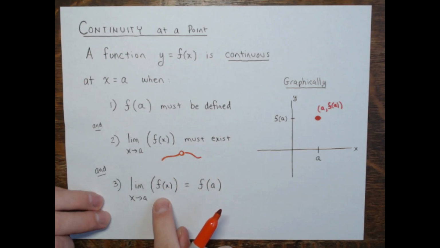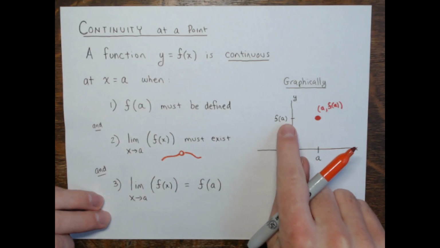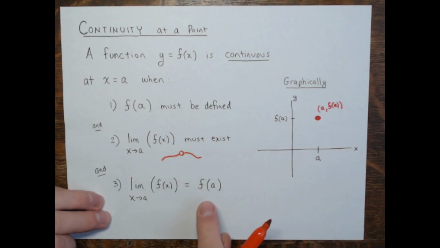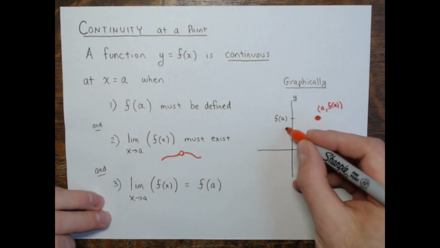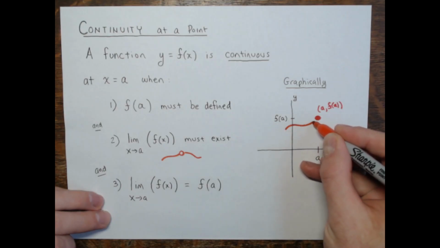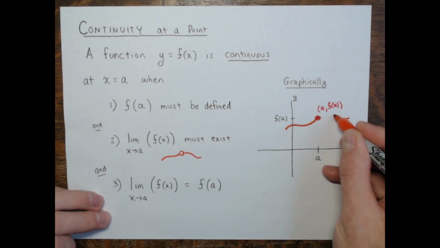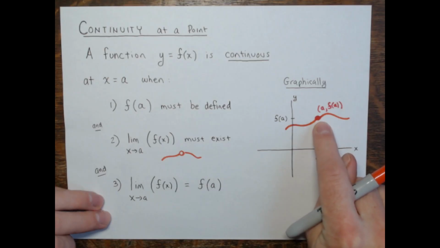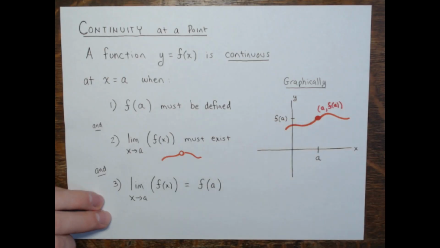And then putting it all together, the third condition says the two-sided limit must be this f of a value. So this point I just plotted means that the graph, from the left side of a and from the right side of a, is approaching that location where x equals a and the output is f of a.